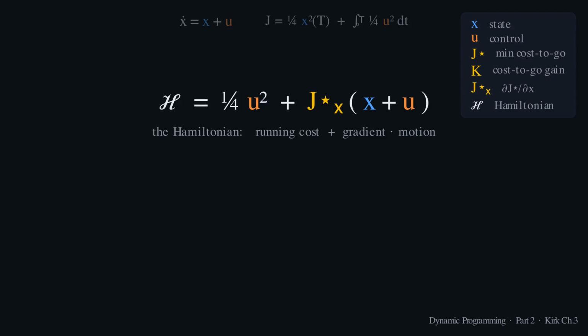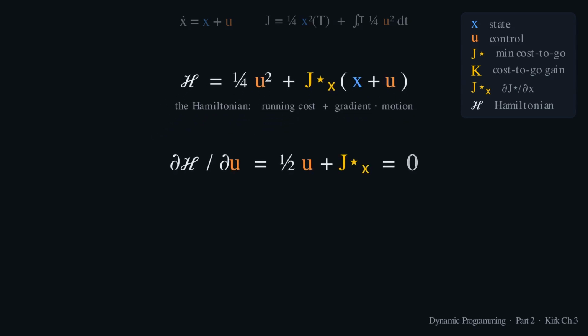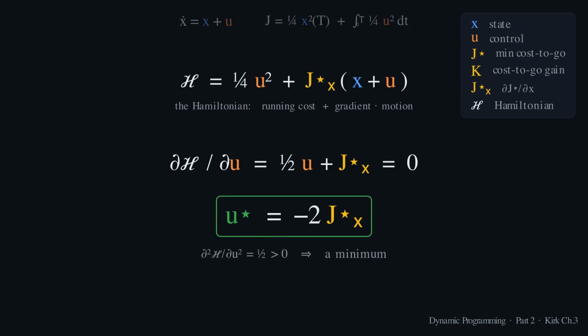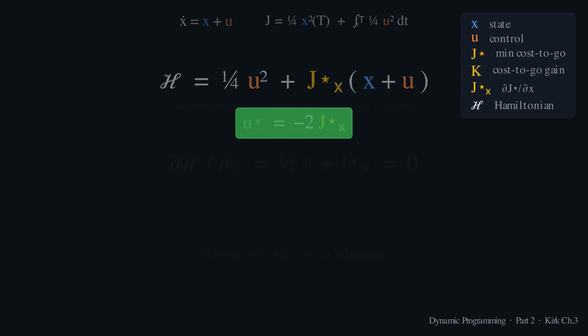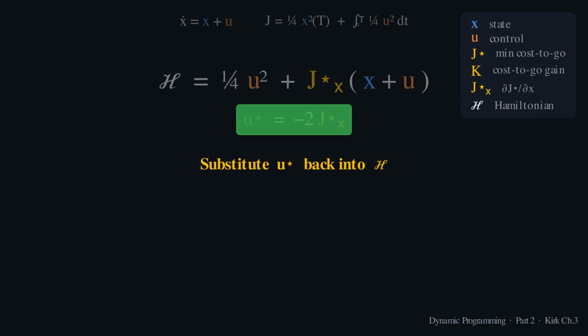Build the Hamiltonian. A quarter u squared plus the cost to go gradient times the quantity x plus u. Set the derivative in u to 0. 1/2 u plus the gradient equals 0. So the best control is minus 2 times the gradient. The second derivative is 1/2, positive, so it's a minimum.